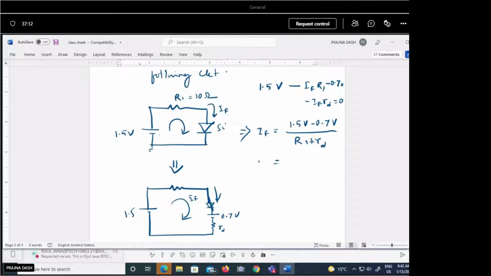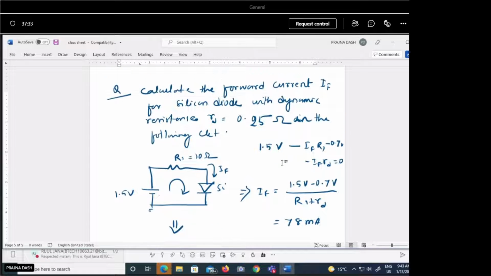If you calculate this value, how much do we get? 78 milliampere. Yes, this is 78 milliampere. You can represent it as 0.078 ampere or 78 milliampere. Here we have considered the dynamic resistance of the diode. Just see the value given here, the resistance is 10 ohm.